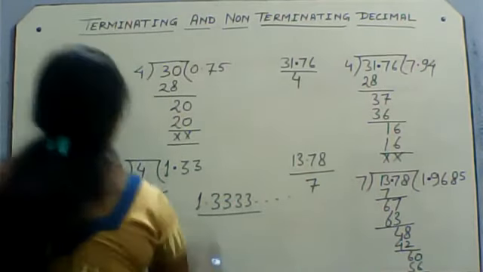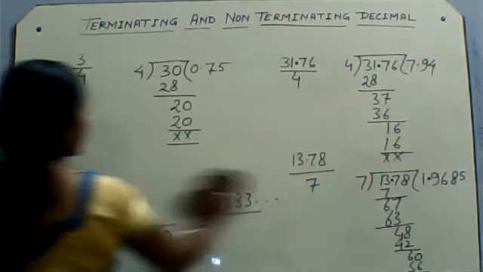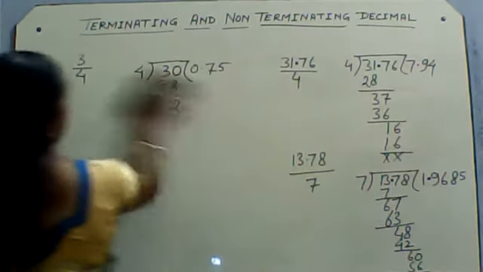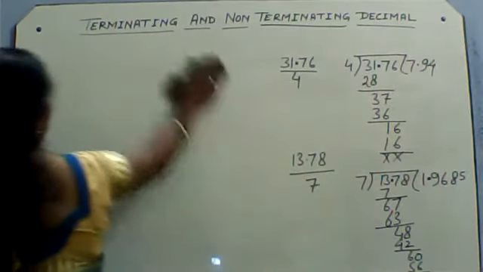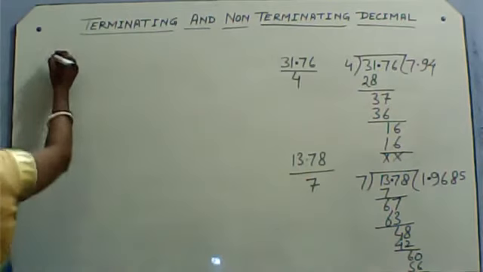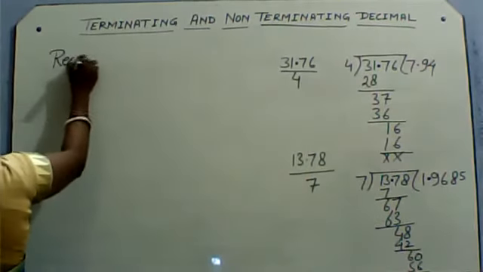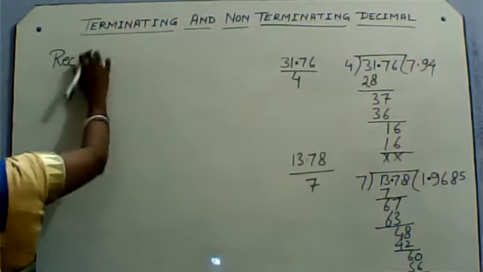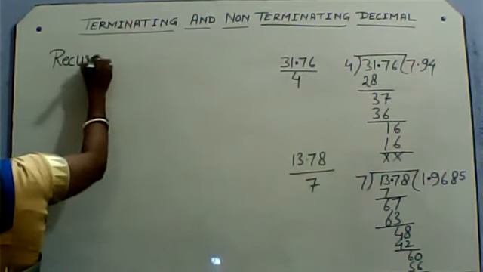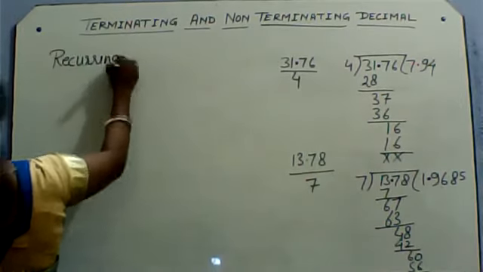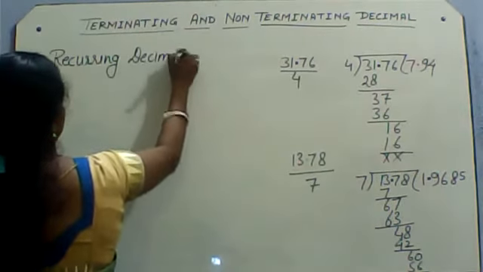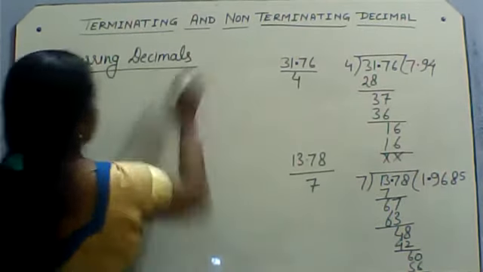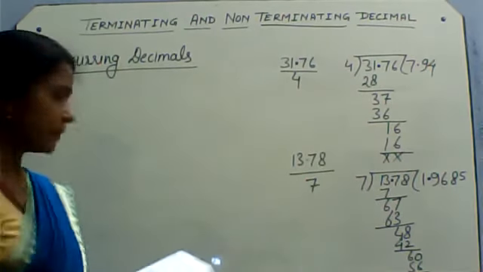Now, second thing, a recurring decimal. These are non-terminating, and in these we get recurring decimals also. Recurring, or repeating decimal: the decimal which repeats.